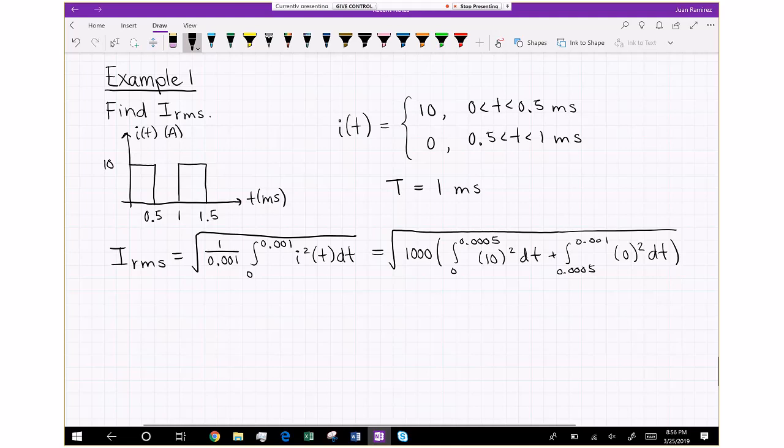It's pretty clear that the integral of 0 is 0, so that right term approaches 0, and then the left term will look like this.